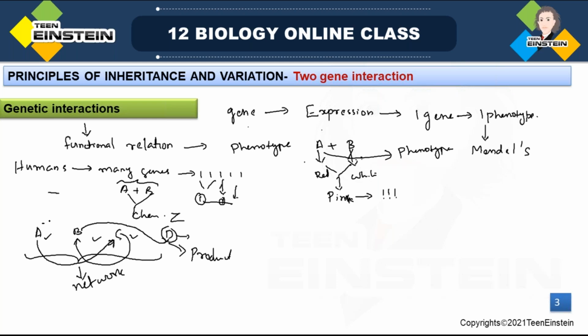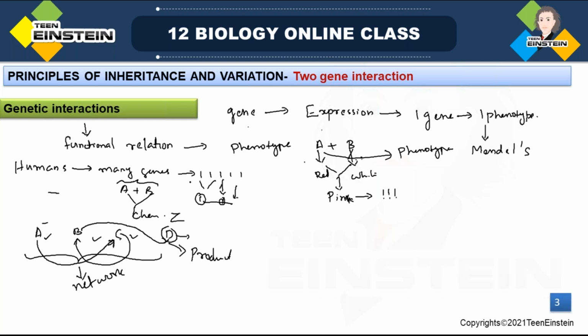From this example, you can see how a genetic interaction gives a particular phenotype, or how the genotypic condition is connected to the phenotypic expression of an organism.